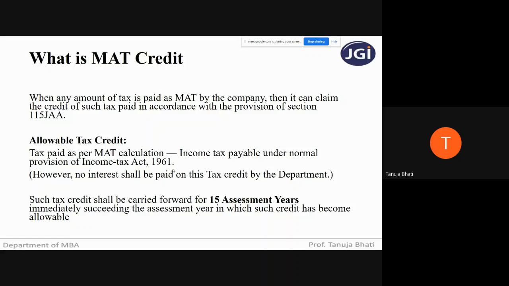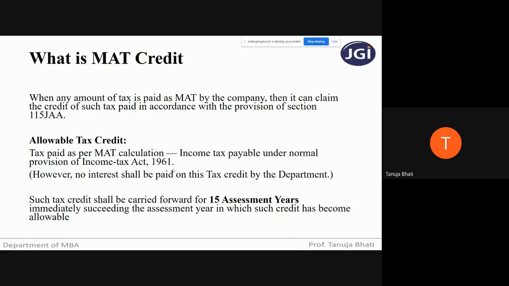Next, calculate the tax payable by a company as per the MAT provisions. MAT provision says that it is 15% of book profit. Then compare both the taxes. Whichever tax is higher, that is going to be the tax payable by the company.